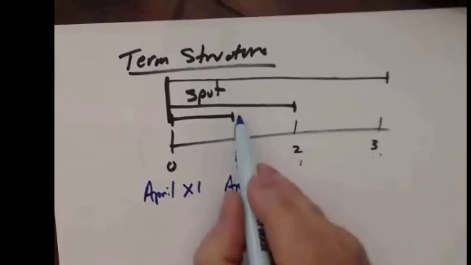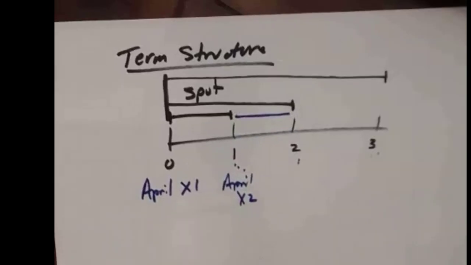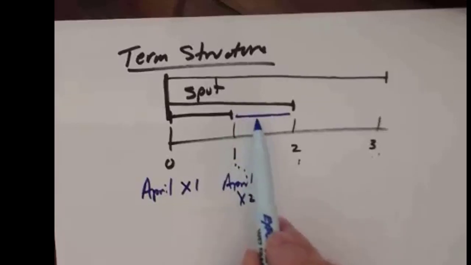What is that interest rate for 1 year going to be? Well, you don't know what that rate's going to be. You won't know until April of X2 rolls around.